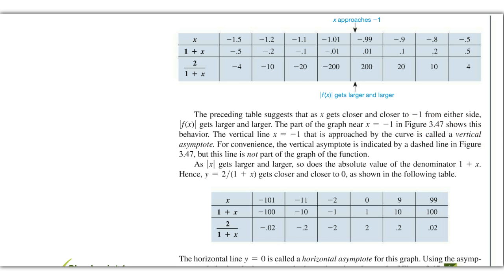So we say our negative 1 is called the vertical asymptote. And we'll see that in our graph down below.